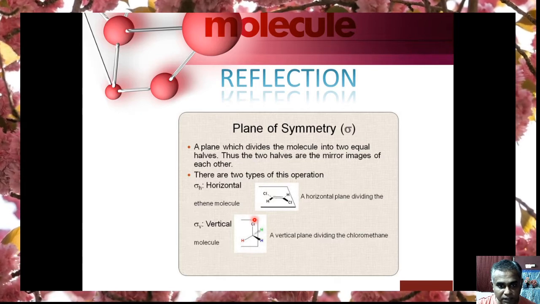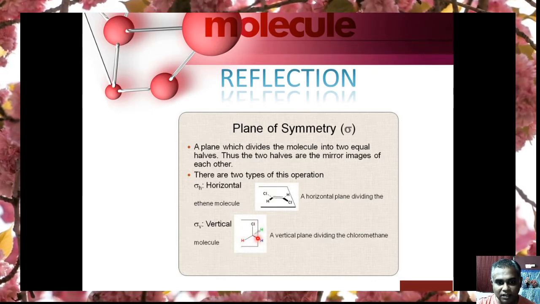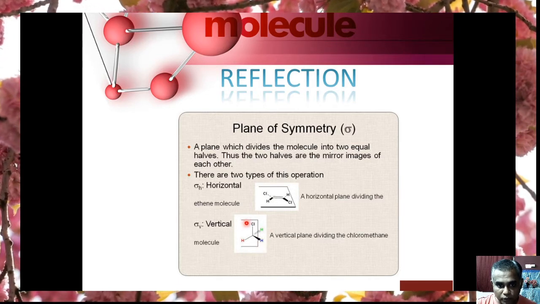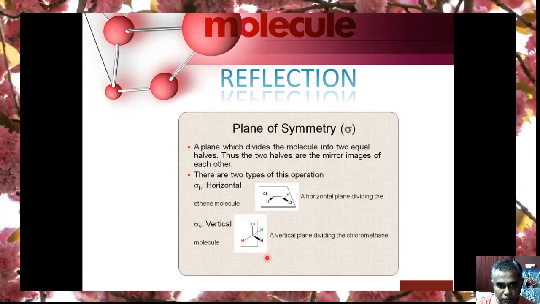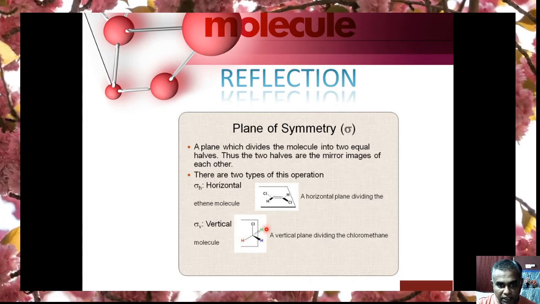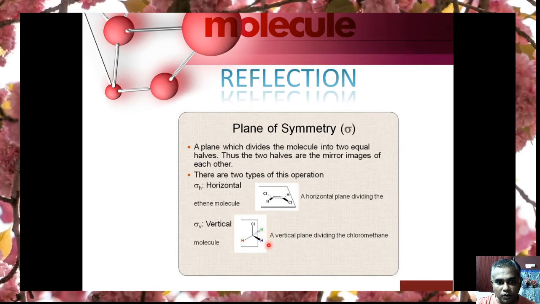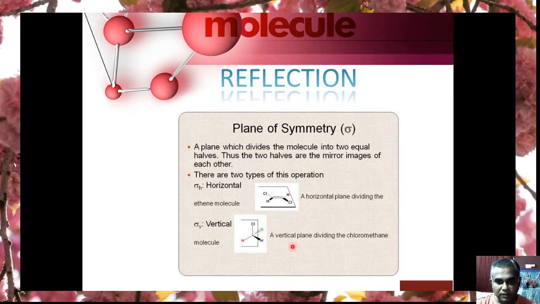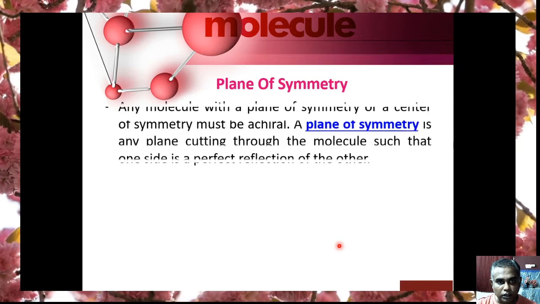So if we say the axis in which the plane is present is y, then the two hydrogens are present in x. Therefore, if you put a plane through your molecule and you end up with mirror images of the atoms, this molecule is said to have a vertical plane of symmetry. So a vertical plane divides the chloromethane molecule.